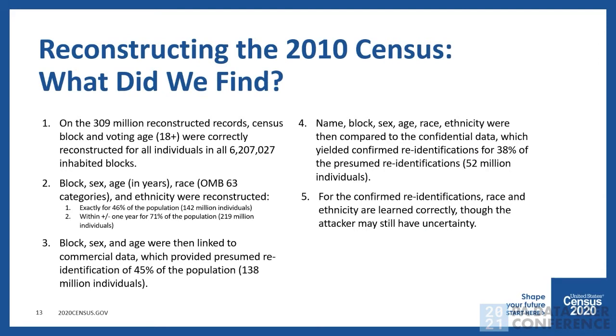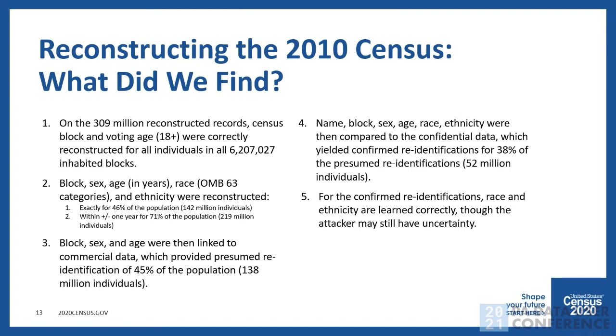Well, turns out, yes, it was enough to reconstruct the individual level records. In fact, using only a small portion of the 2010 public data products, Census Bureau researchers were able to accurately reconstruct individual level data for all 6 million inhabited blocks in the United States.